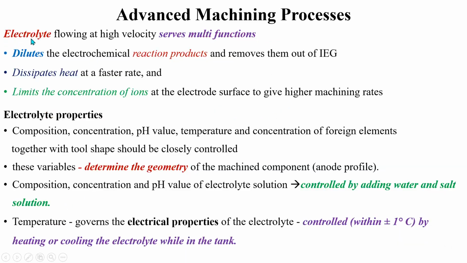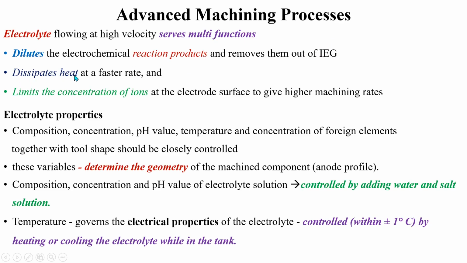Now, the electrolyte that is flowing at high velocity serves a variety of functions. The first one is that it dilutes the electrochemical reaction products. Here the reaction products are the metal hydroxides. So it dilutes these metal hydroxides and removes them out of the IEG, so that MRR will be higher and the machining rate will also be higher.